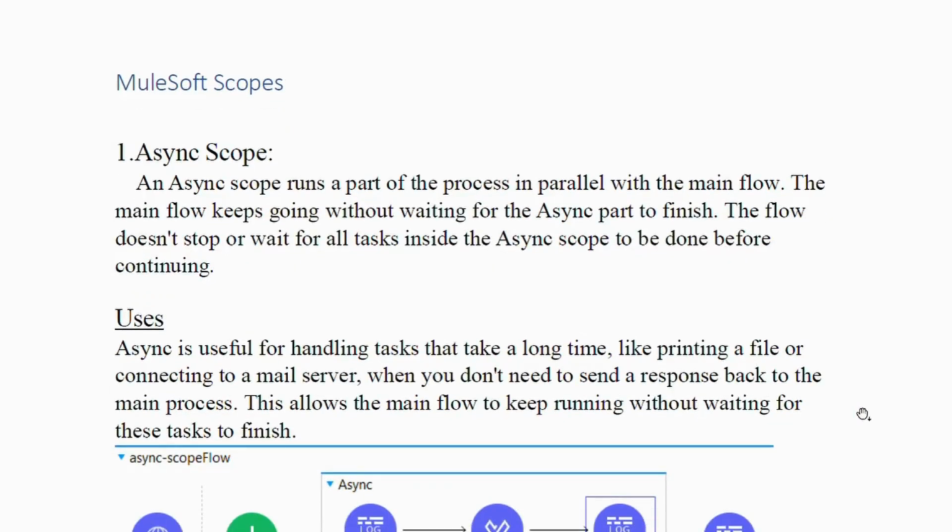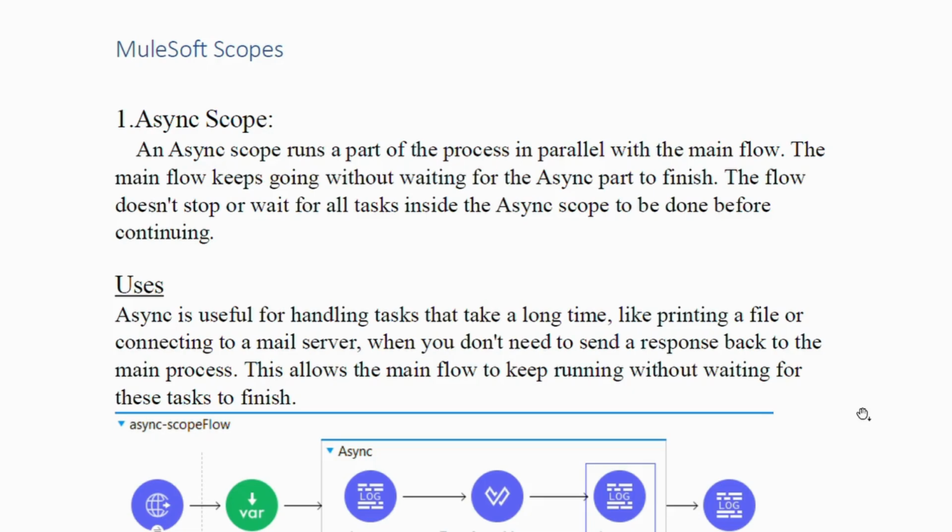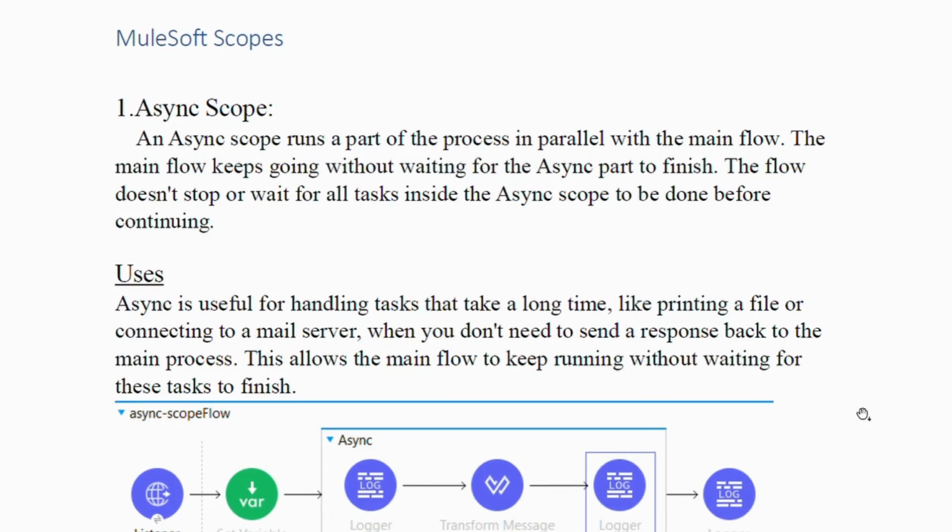So let's start with MuleSoft scopes. The async scope is basically an asynchronous scope that allows part of the process to run in parallel with the main flow. The main flow doesn't wait for the asynchronous process to finish.